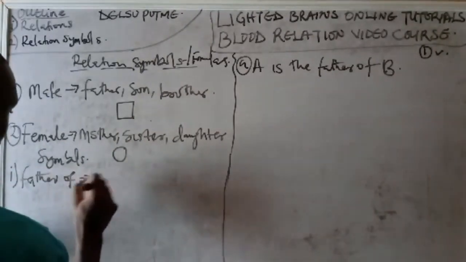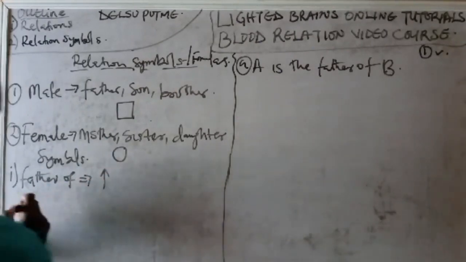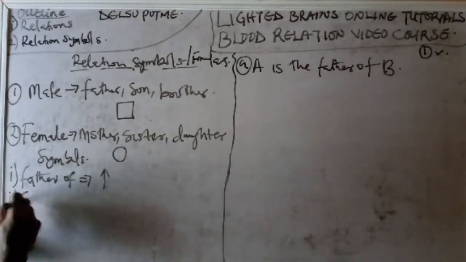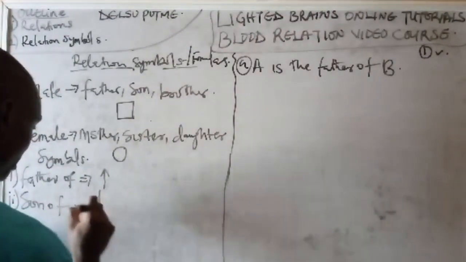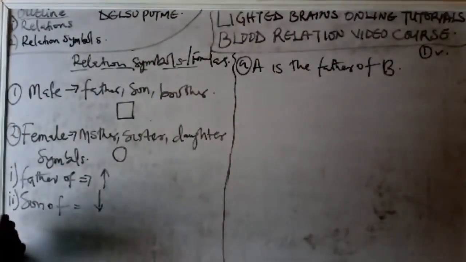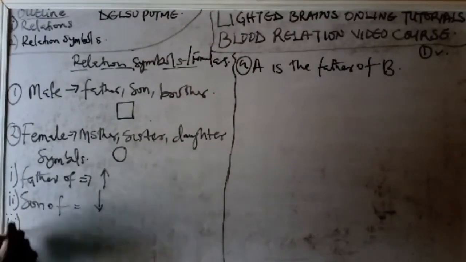Father of means this symbol. Son of means this symbol. Do you understand? Please just write it down first.